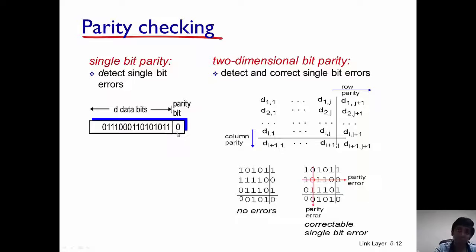When the parity bit is 0, it means that the number of ones should be odd. But as you can see, if this single 0 is now flipped due to an error in the channel, then the number of ones in the D bits is going to be even. In that way, the receiver can detect that there is an error.